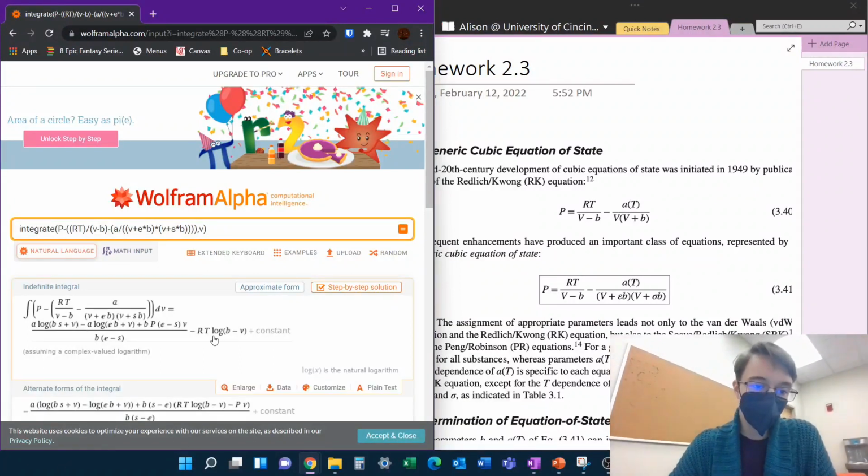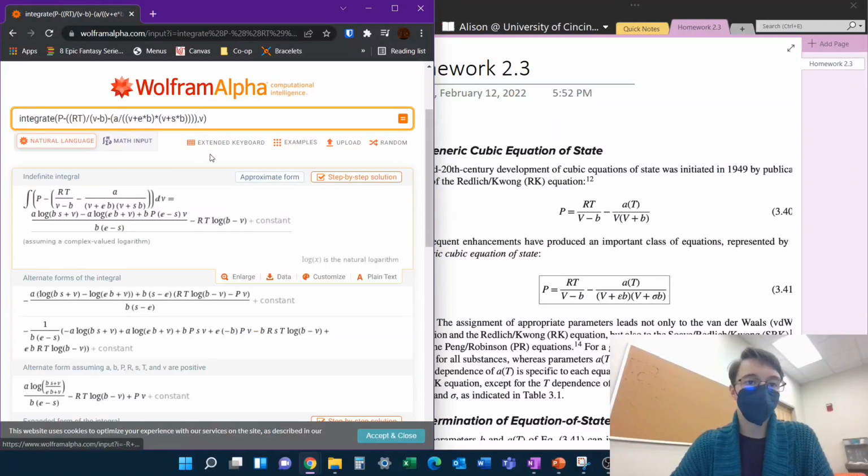It's calculated our integral, and this is what we'll type in as our integral.